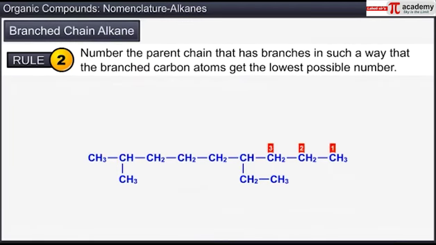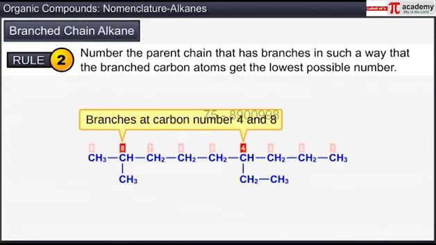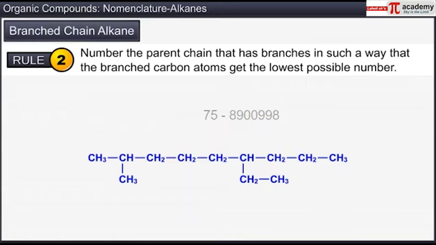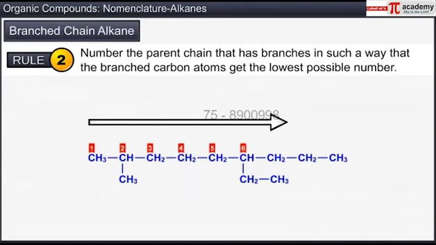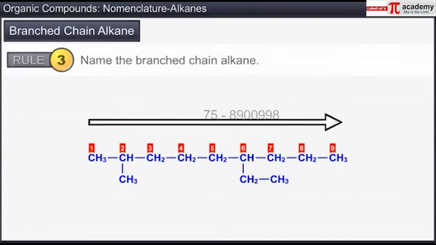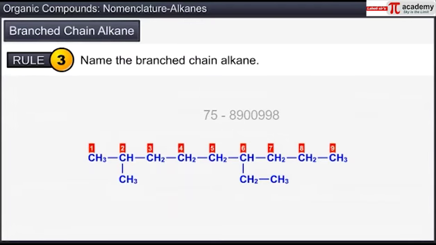And if we number the chain from right to left, then the branches are located at carbon 4 and 8. As per the Rule 2, the numbering should be done from left to right. Rule 3. Name the branched chain alkane.